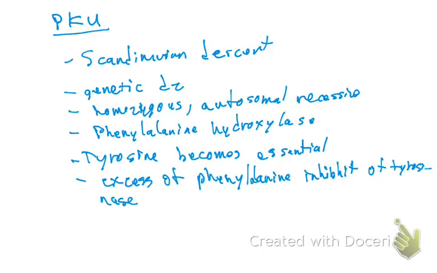Now this one, the tyrosinase, is responsible for the production of melanin, without an E at the end. Now if you don't have melanin, what happens?